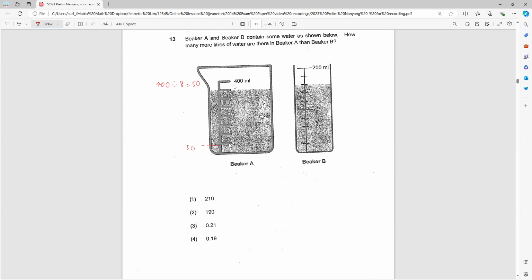So this is 50. So this is 100. Maybe let's list by hundreds. 100, 200, 300. So beaker A is 350 ml. Beaker B, you can see this is the halfway point, so this is 100.